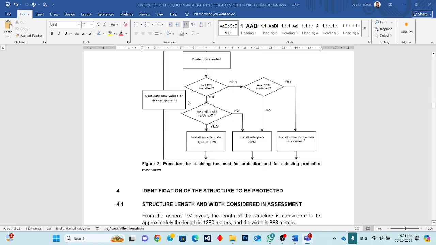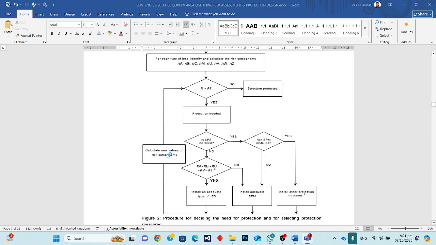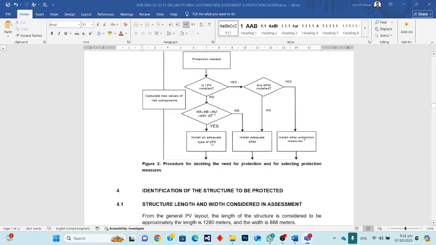If this is okay, then calculate the new value of the risk component. If we have to install the lightning protection systems, then we have to calculate these components again and check whether it is okay. Then we will say that our system is protected.